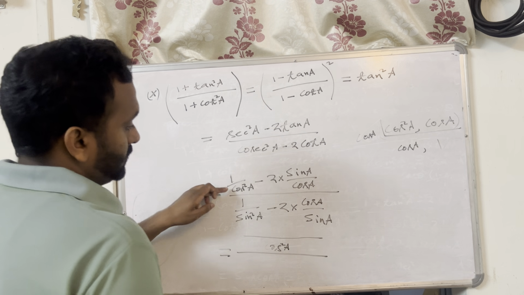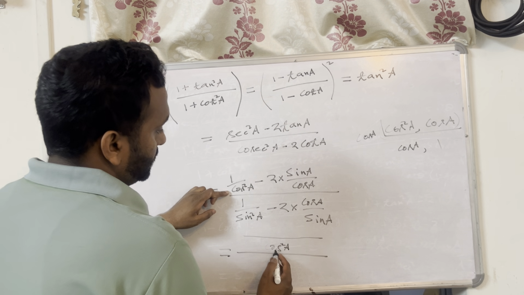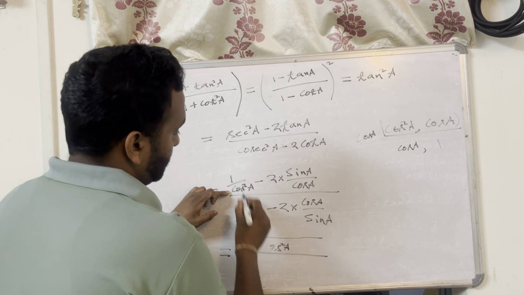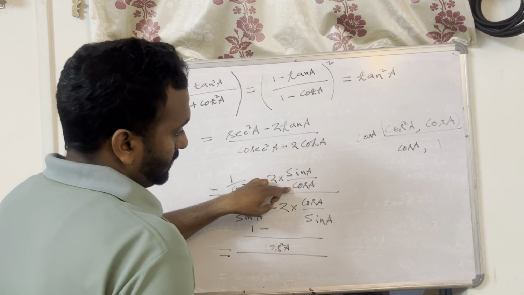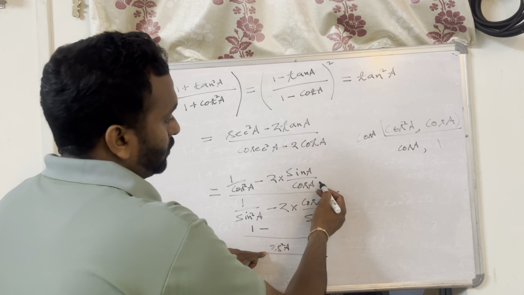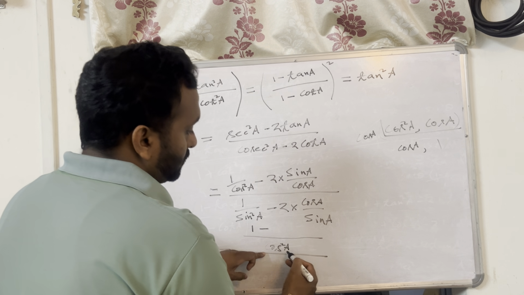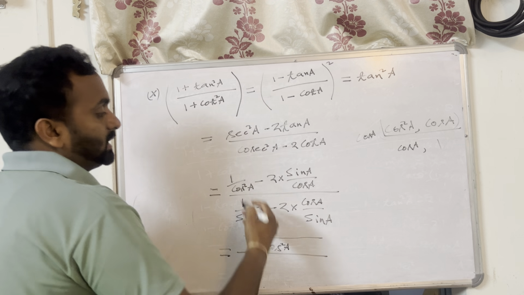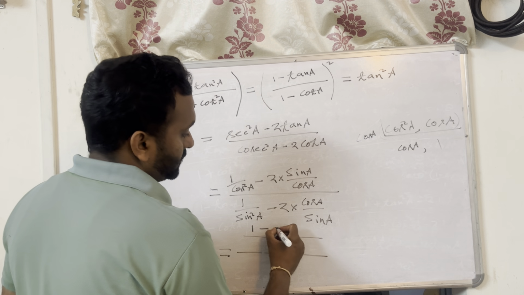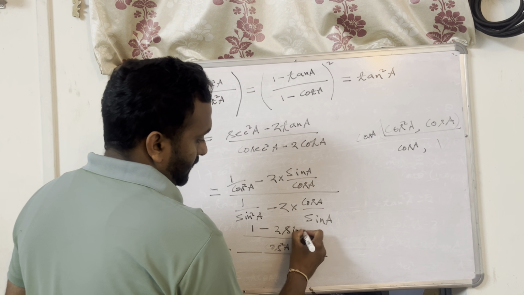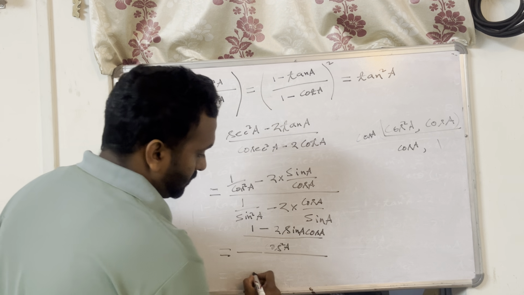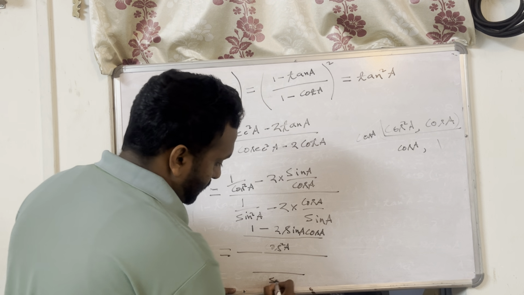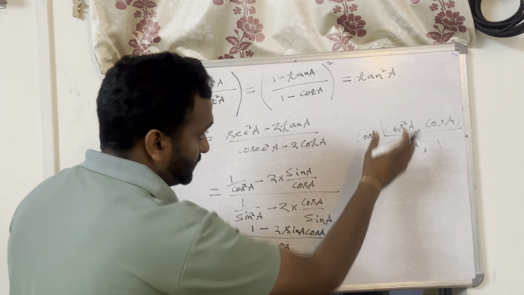So in the denominator we have cos square A. Since the denominator is same, we can write the stuff which is there in the numerator. Then here we have cos A and here we have cos square A. So cos A will get multiplied with cos A to get cos square A. So that numerator will be multiplied with cos A. So it will be twice sin A cos A. Similarly in the denominator also the LCM will be sin square A using the same concept.